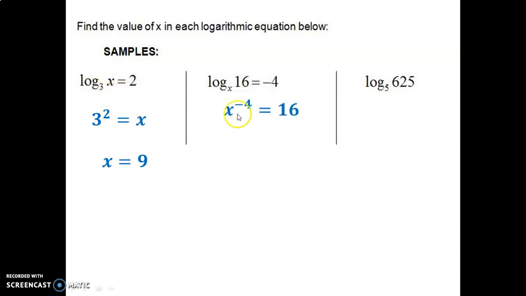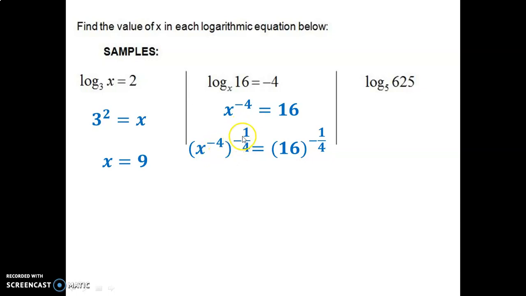Okay, next one. We have x to the -4 power equals 16. So this one you might already be thinking of what that x might be, but we can also take it a step further. When we have an exponent like that, we can get rid of the exponent by applying a reciprocal exponent.